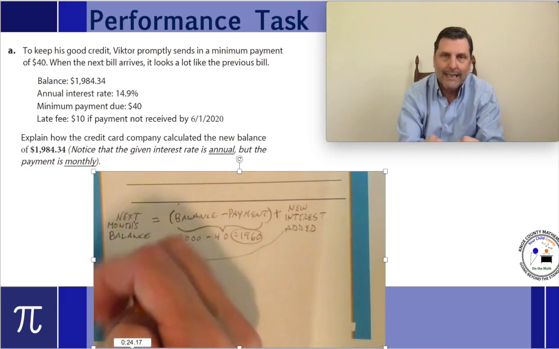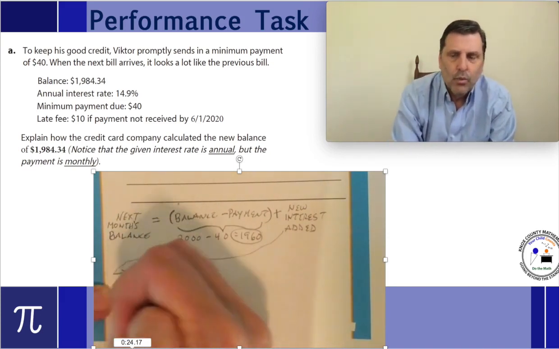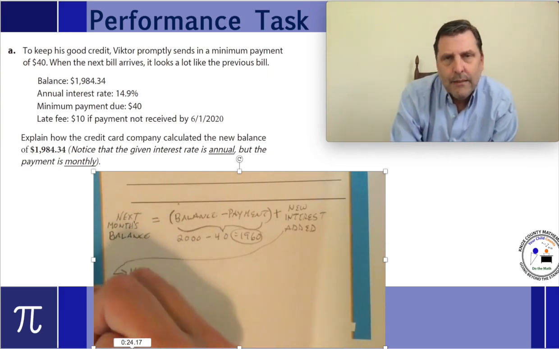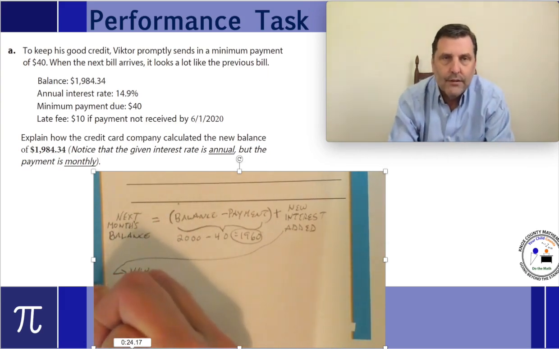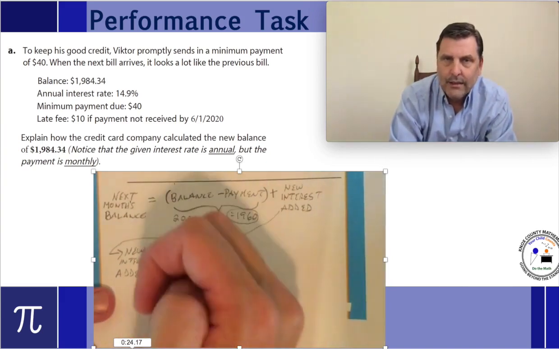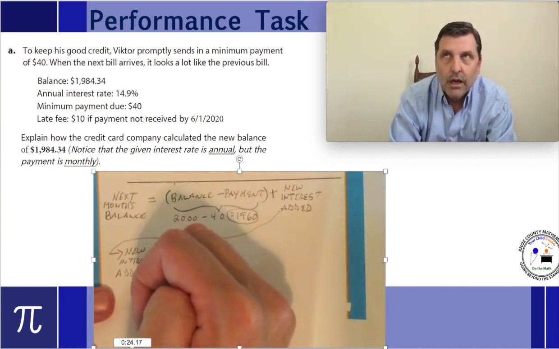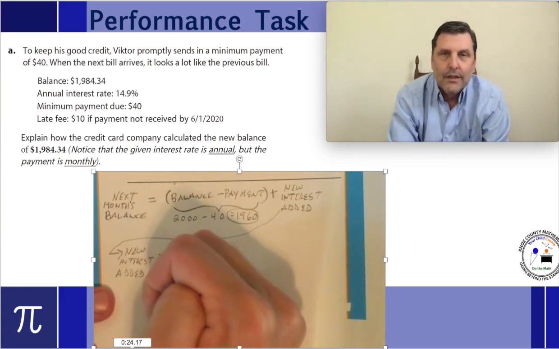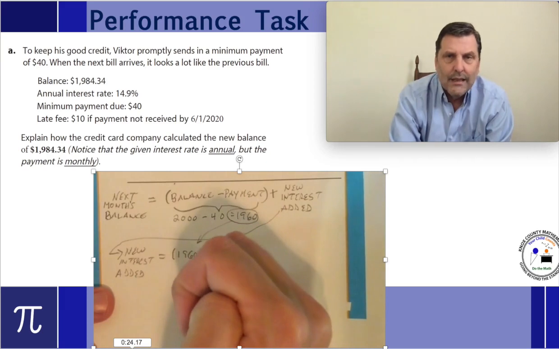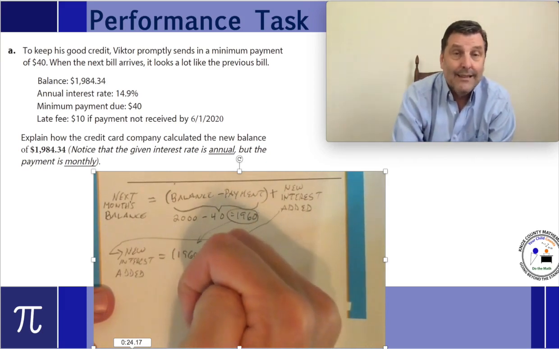How do we determine that interest? The new interest is determined by 14.9% of the amount that we now owe. Of means multiply. So we take the 1,960 and add interest to that.